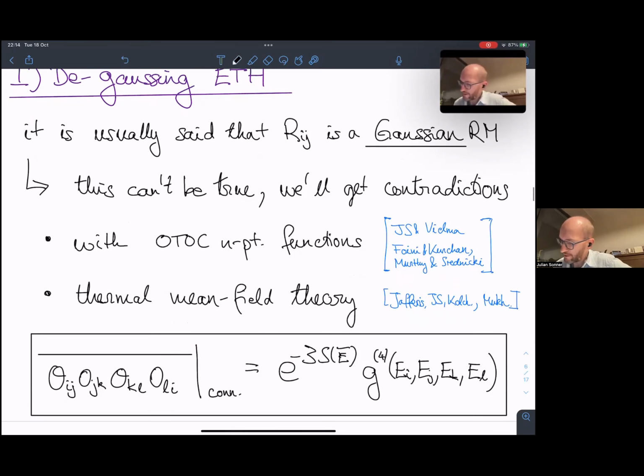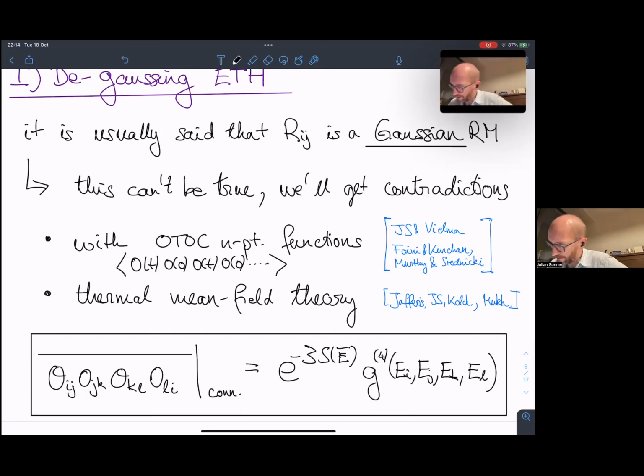By that I mean correlation functions where you take operators like O(t), O(0), O(t), O(0). And if you want, you can take many of those sequences.